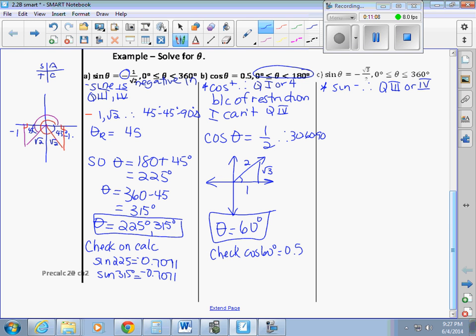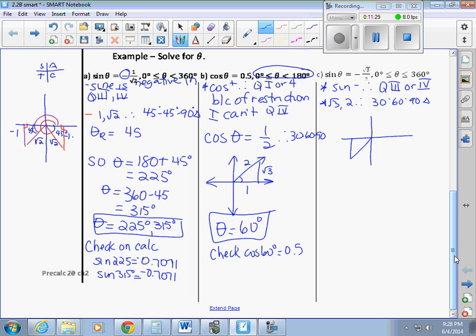I'm using square root 3 and 2. So that means I've got a 30, 60, 90 triangle. I draw it. So quadrant 3 puts it here.